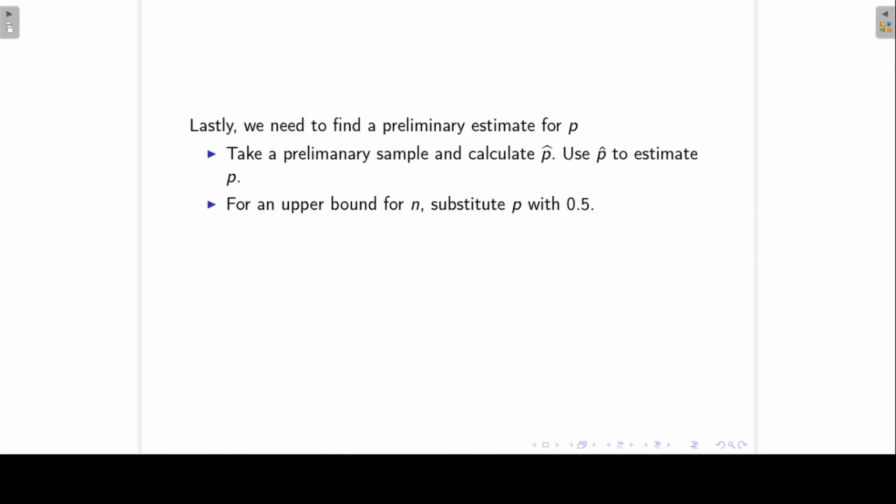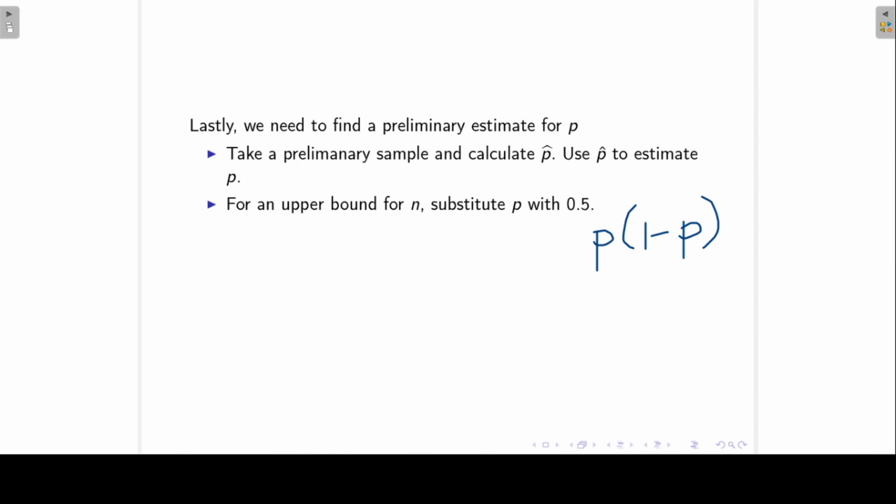The reason for that is that if we substitute P with 0.5, then P(1 minus P) will be at its maximum, and that will be 0.25. For any other value of P, this product will be less than 0.25. So this will give us an upper bound for n, the sample size.